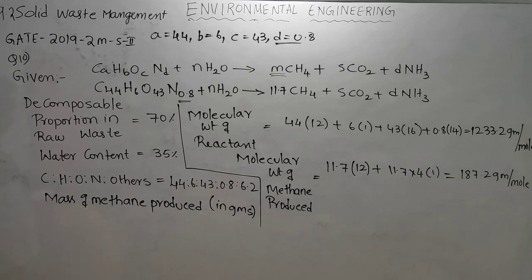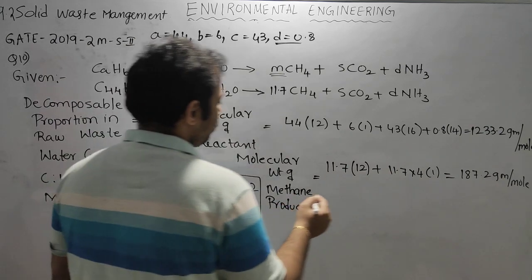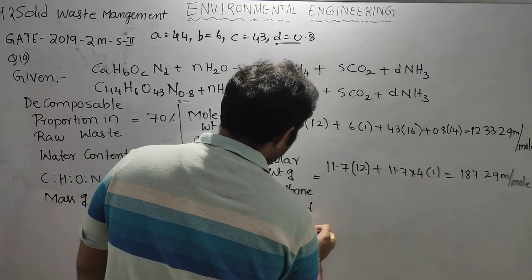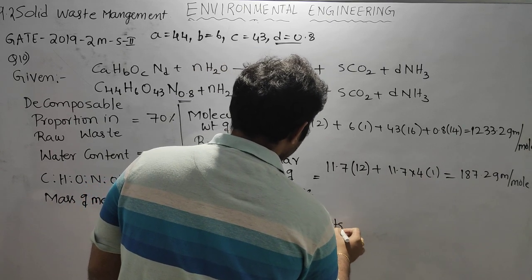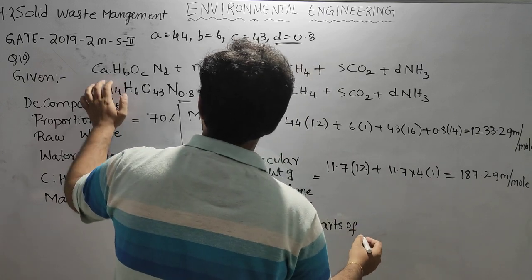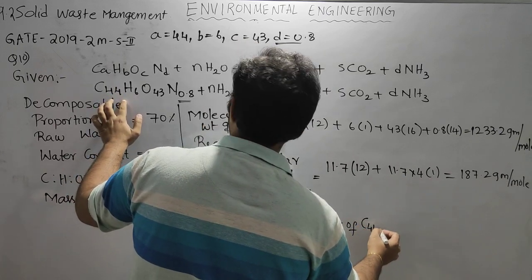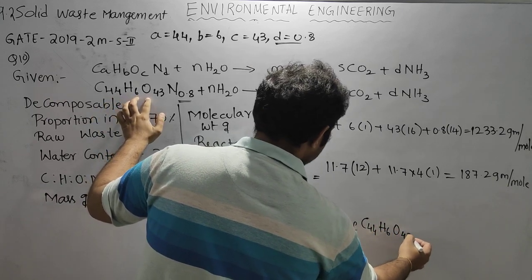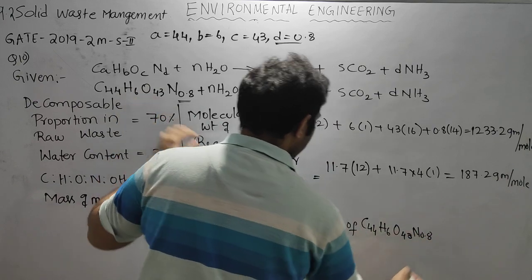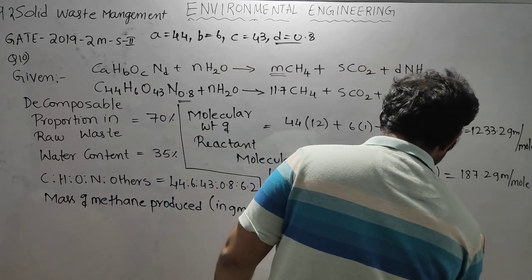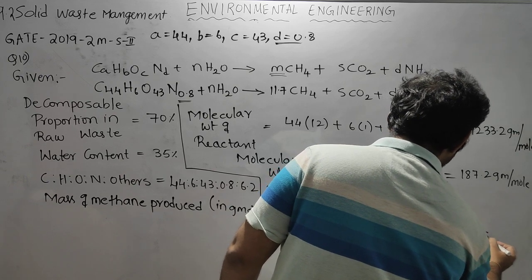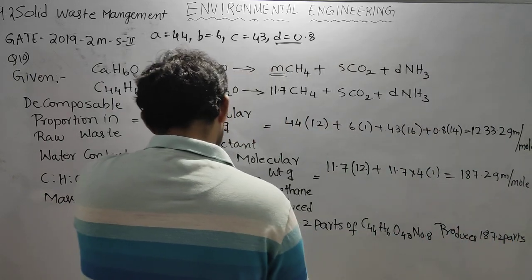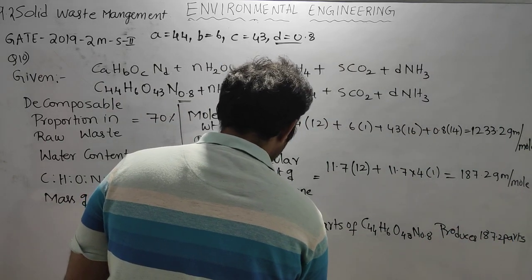How have we found it? Here, 1233.2 parts of C44H6O43N0.8 produces 187.2 parts of methane.